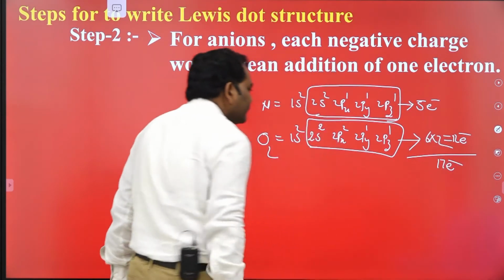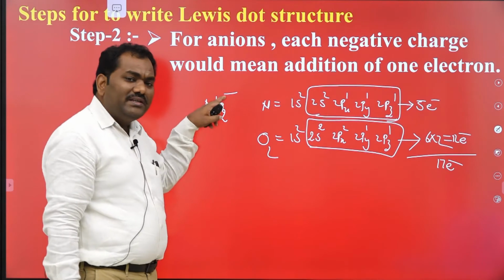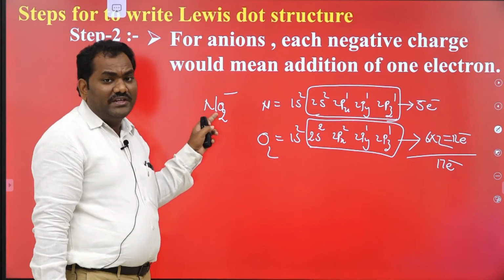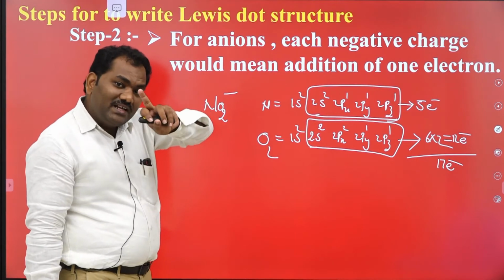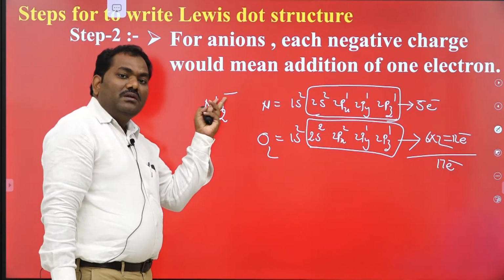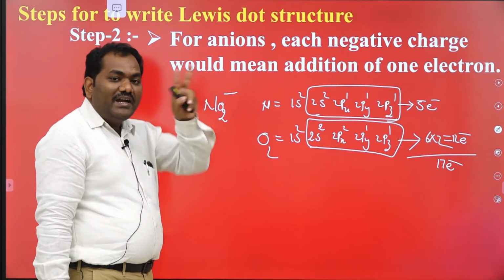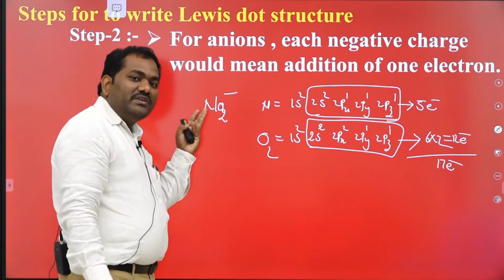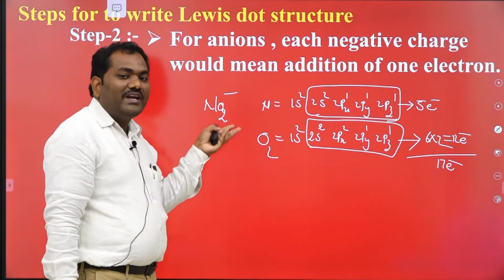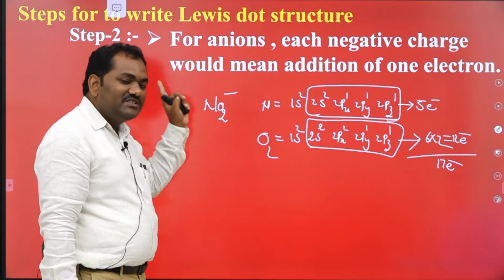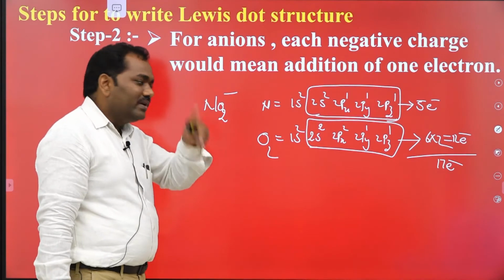And moreover, the molecule has a negative charge. A negative charge means we have to add 1 electron. If 2 units of negative charge are present, we add 2 electrons; if 3 units, we add 3 electrons. Here only 1 unit of negative charge is present, so we add 1 electron.